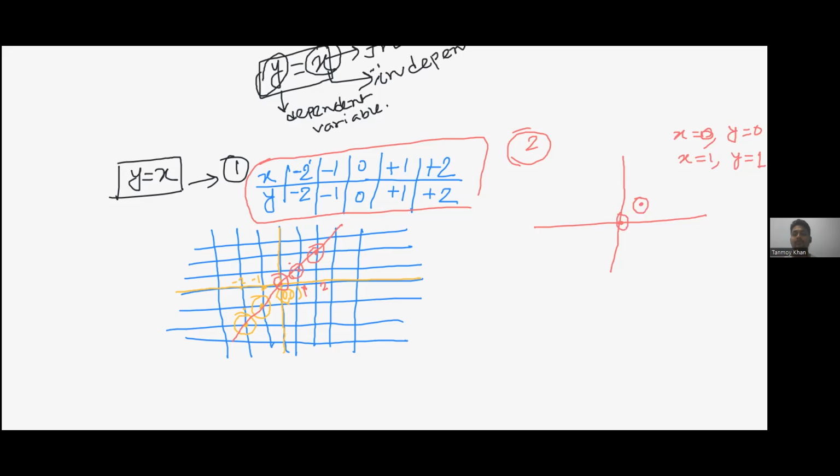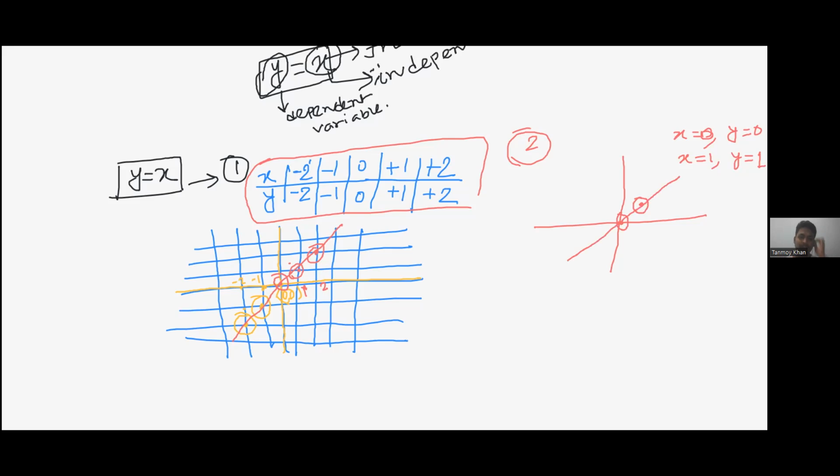Then just join these 2 points, because this is a straight line, and by using 2 points you can draw any straight line. You just thought of imaginary points, wherever they will be, and you can just connect them. So this can be another approach.